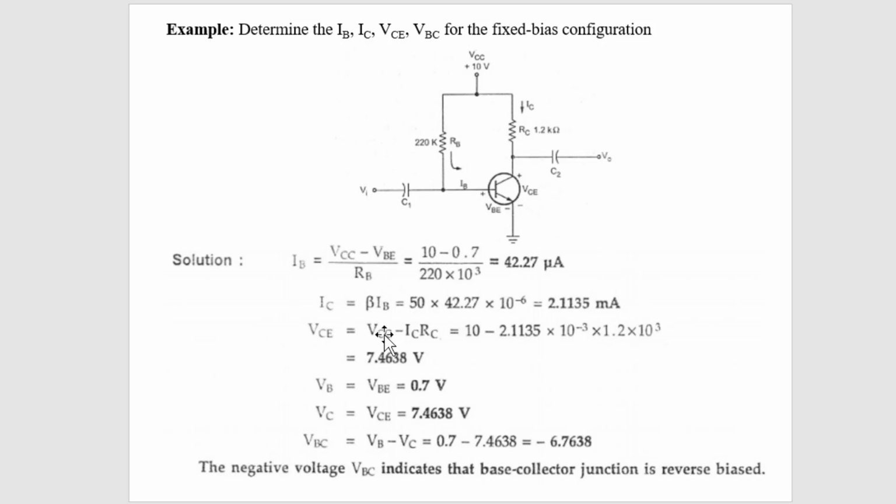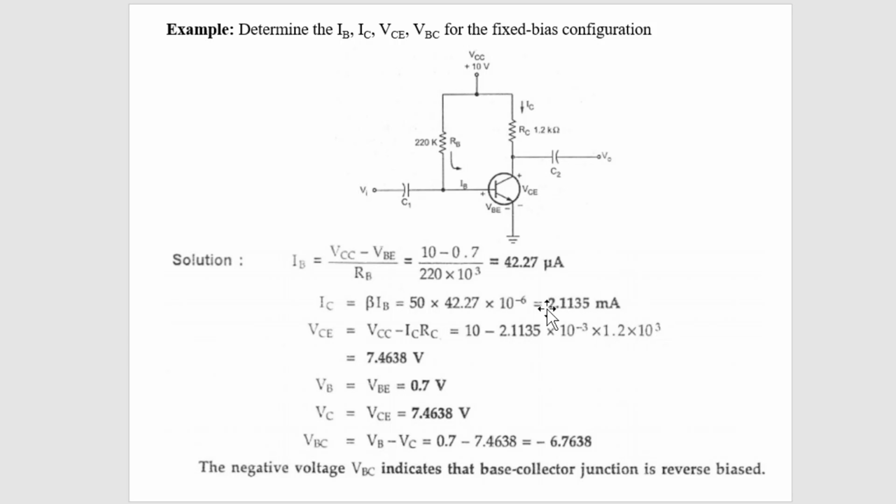So VCE is equal to VCC minus, by applying Kirchhoff voltage law in the collector-emitter loop, let IC current be flowing across the collector. So ICRC plus VCE minus VCC equal to 0. That will give VCE equal to VCC minus ICRC, that is 10 minus 2.1135 milliampere multiplied by RC, that is 1.2 kilo ohm.